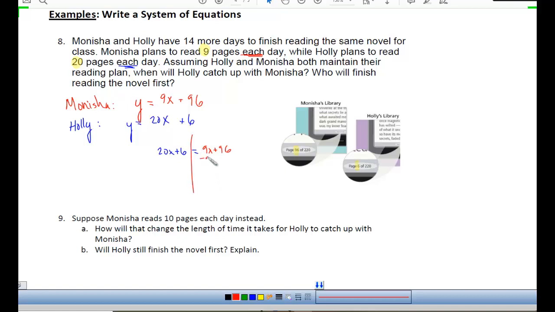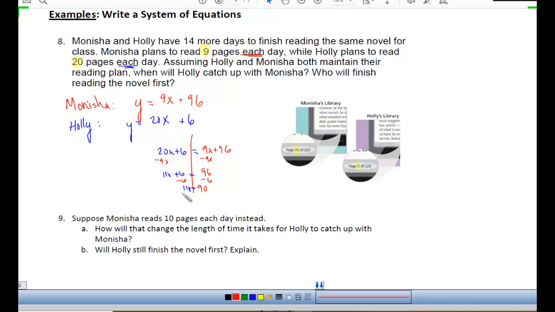And we'll go ahead and subtract our x's, bring them together. So that's going to leave me with 11x. Going to go ahead and subtract those 6's. I get 11x. That's going to be equal to 90.